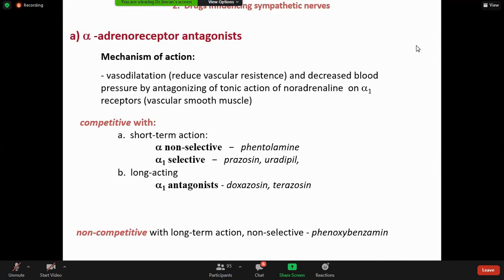Non-competitive means when the drug binds with the receptor, this binding is permanent. This binding is irreversible, right? So this is called non-competitive. When the drug is eliminated from the body and new receptors are generated, then we can resume the activity of that receptor.